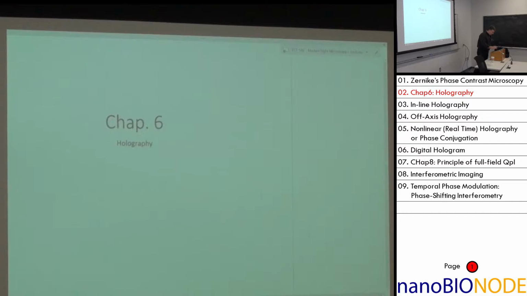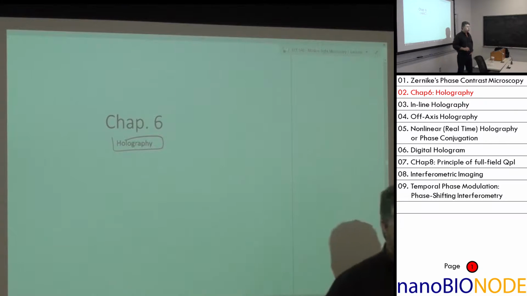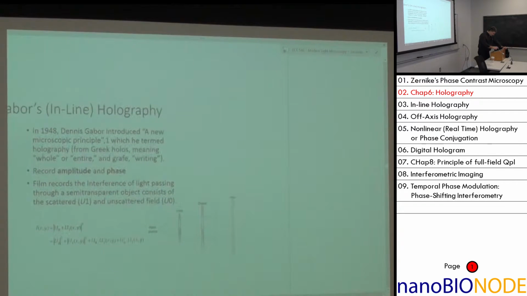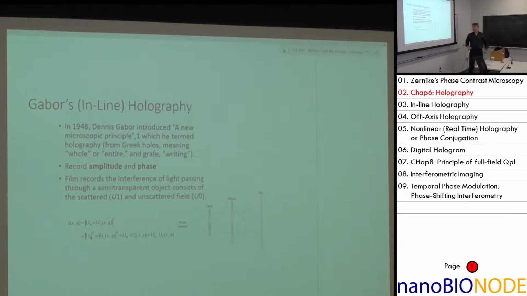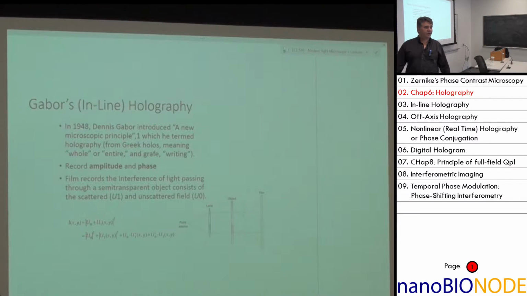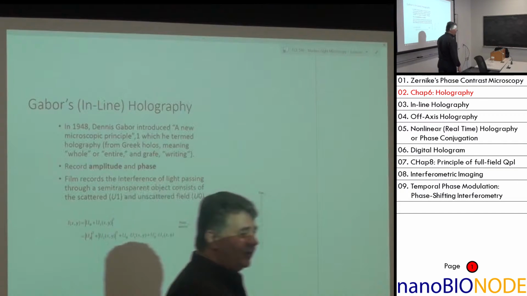Now we're moving to holography, which is another Nobel Prize winning idea. Did you know that holography was the subject of a Nobel Prize in physics? Yeah? Holography is one of these funny subjects that I think everybody knows about, like our grandmas heard of holography. My favorite rock band in Romania was called Holograph.